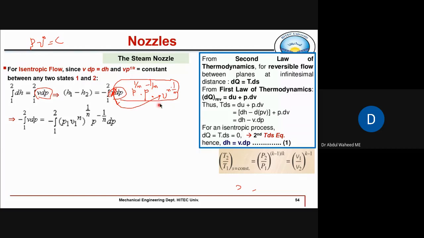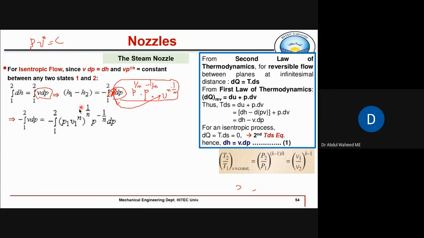That P and V are separated here. PV to the power n is equal to constant. PV to the power n, whole power 1 over n. This 1 over n is multiplying with this one as well as that one. Because now this is a constant, we can write it as P1 V1 to the power n, or P2 V2 to the power n, or P3 V3 to the power n. That is a constant.